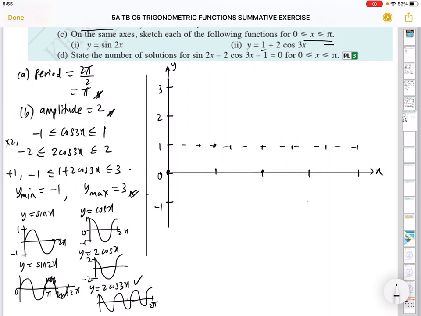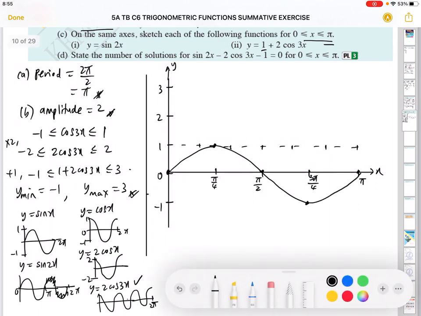This is pi, this is pi over 2, this will be pi over 4, this will be 3 pi over 4. So it goes up, down, down, and up. Okay, this part is very ugly. I change it. Okay, but ugliness is not a crime. Okay, not too bad.